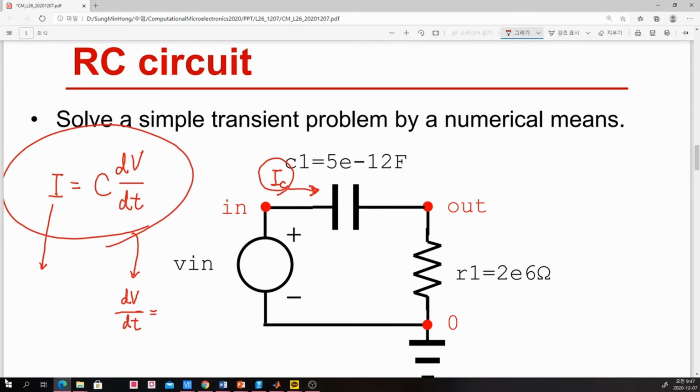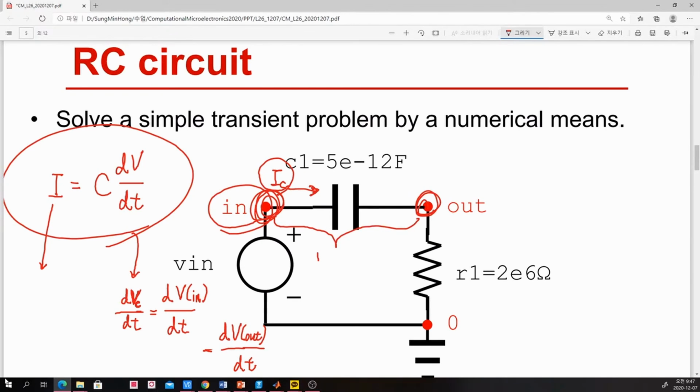So more specifically, this V over the capacitor is simply given by the in node voltage minus the out node voltage. You can easily understand that this is the in node voltage and the out node voltage, and the voltage across this capacitor becomes V in minus V out.